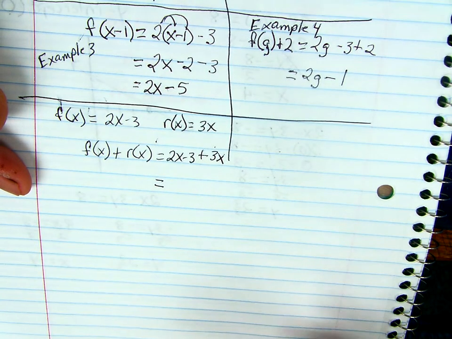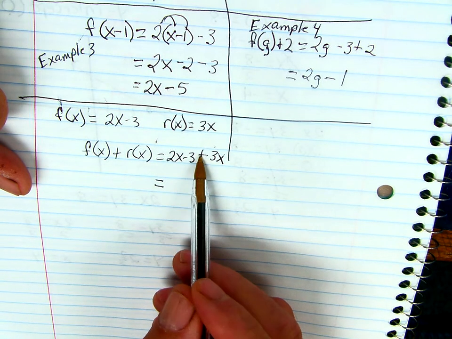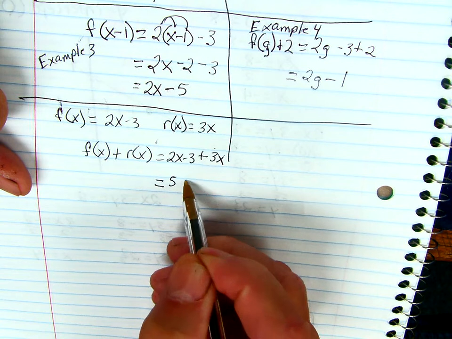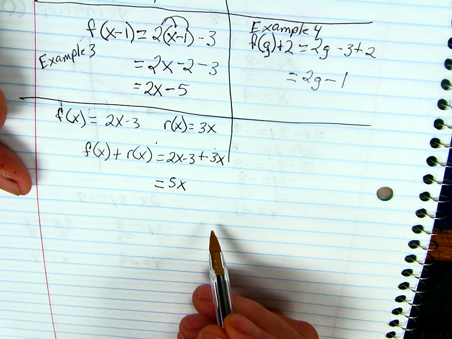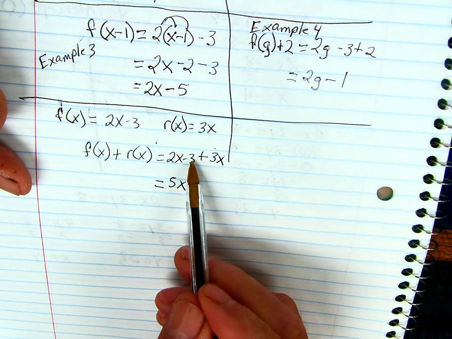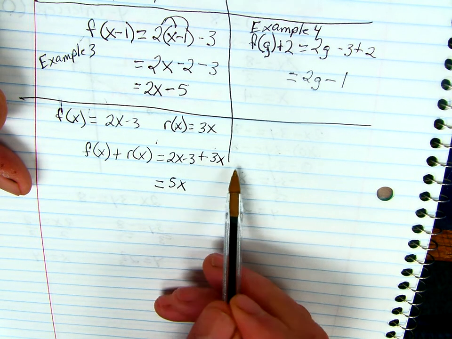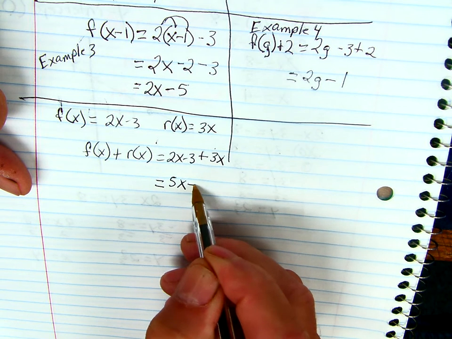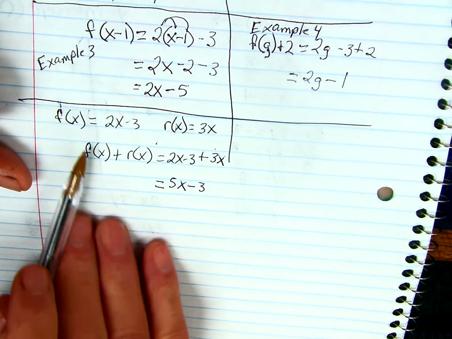I can go ahead and combine those. 2x plus 3x, 5x. And then I have this 3. It's a constant. There are no more constants on this side to combine it with, so all I can do is write it down just the way that it is.